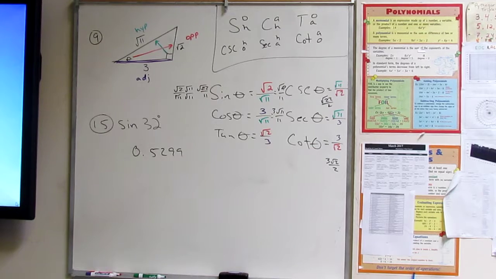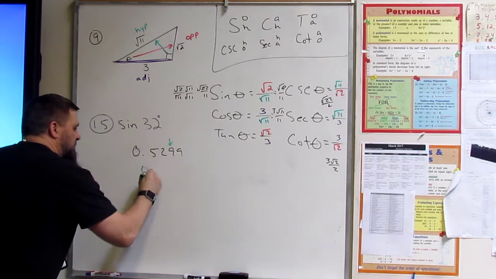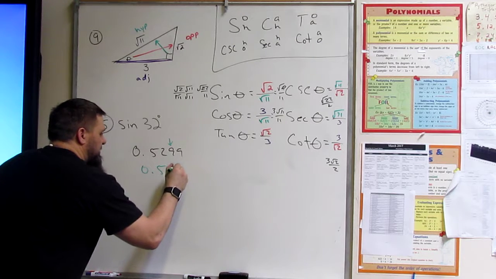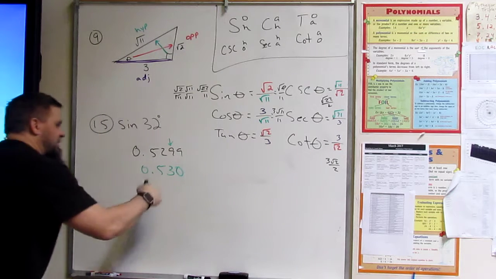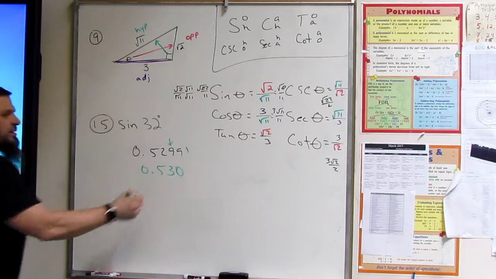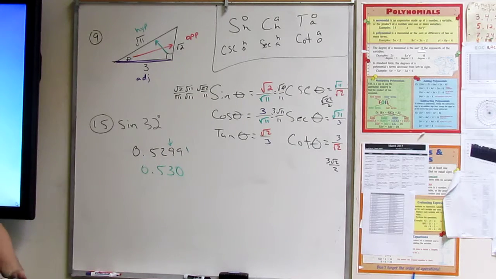If I were to round this off here, it'd be 0.53, because there was a 1 here, and so I rounded off that 1, and the 9 stayed the same.